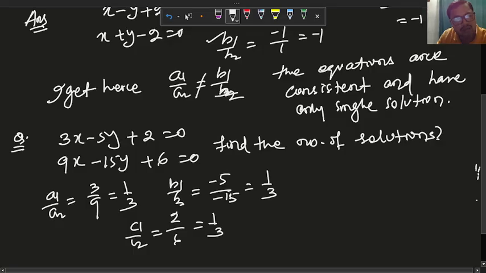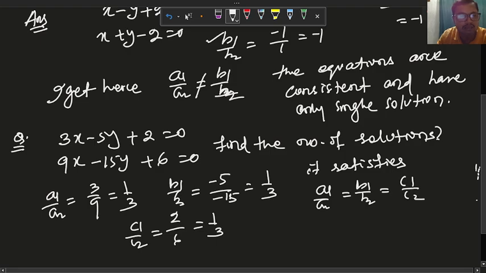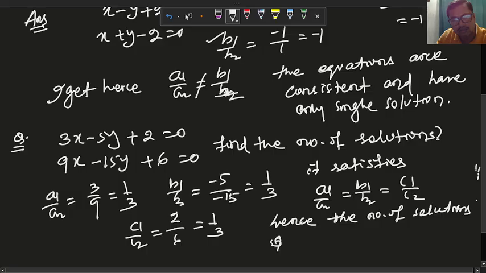Here I get that a1 by a2 equal to b1 by b2 equal to c1 by c2. Hence, the number of solutions is infinite.